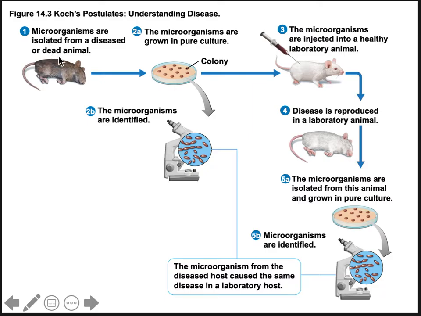So you isolate the organism from the diseased animal, you grow it into a pure culture, you then take that pure culture, inject it into a healthy animal, and that animal must then come down with the same disease as the first animal, and then you must be able to extract that microorganism into pure culture and determine that it is actually the same microorganism that caused the first disease.